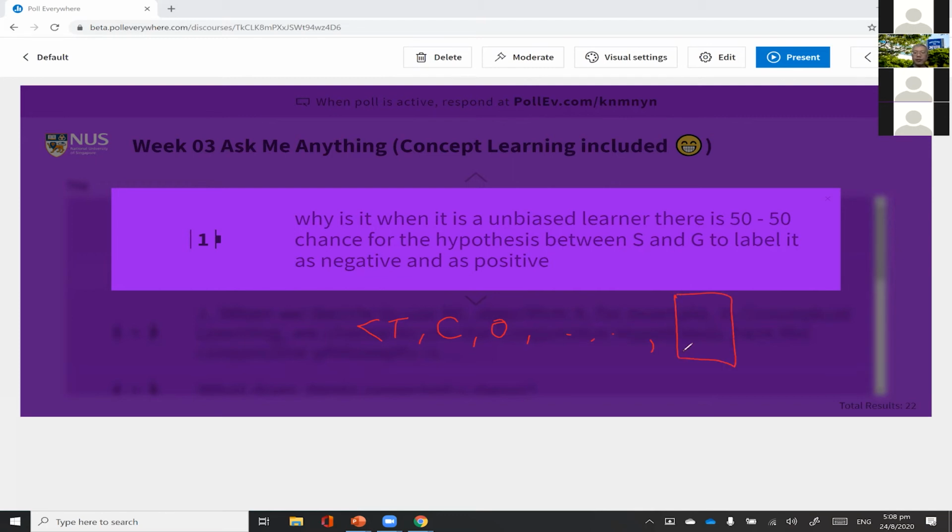The label could either be a positive case or a negative case. If we don't have a biased learner, meaning we don't make any a priori assumptions, then of the remaining hypotheses that could classify it, half of them will have it as positive and half of them will have it as negative.